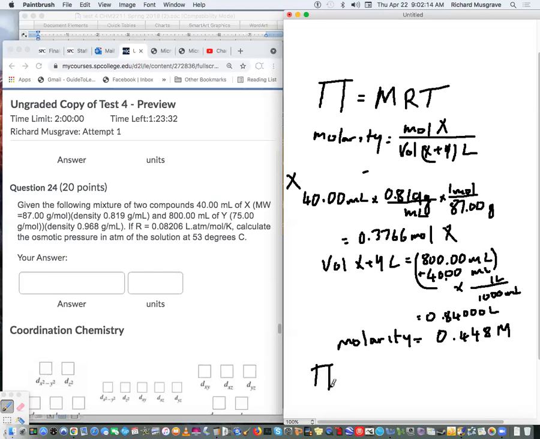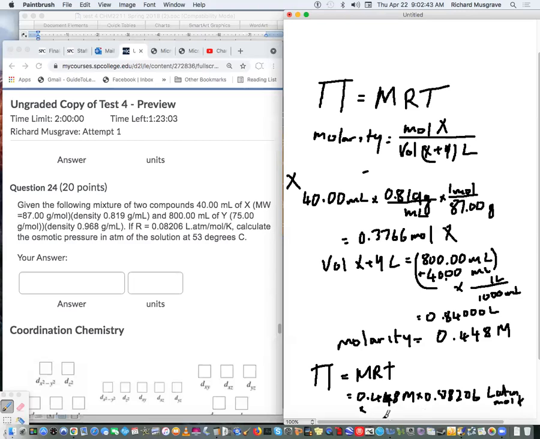And the osmotic pressure then would be just substituting into that, which would be 0.448 molar times 0.08. You are given this above, by the way. You don't have to remember it. Liters, atmospheres, per mole per Kelvin.